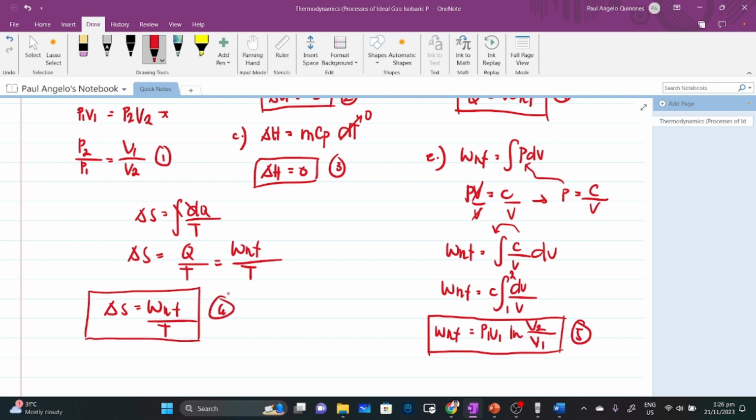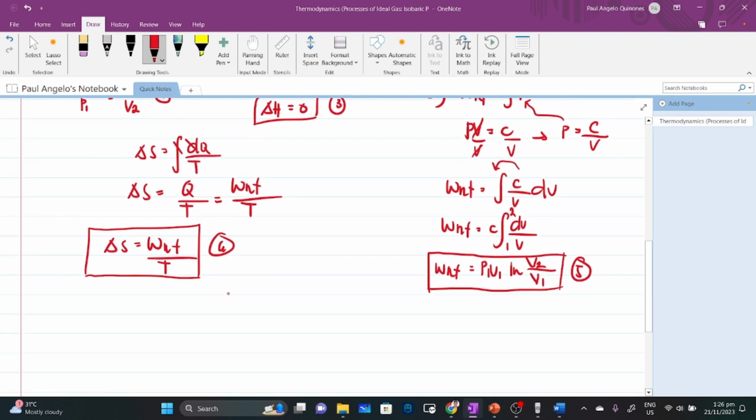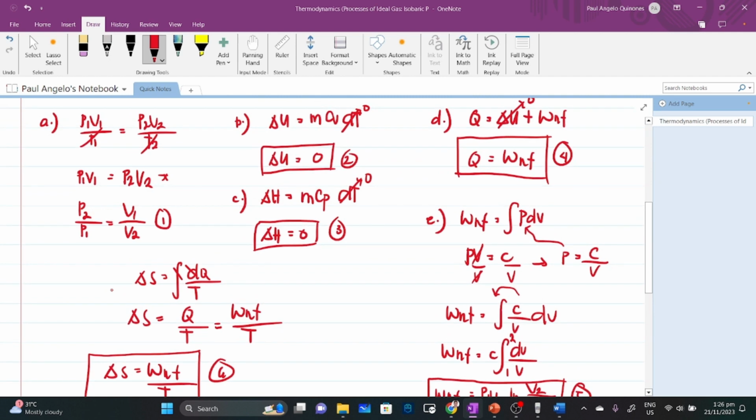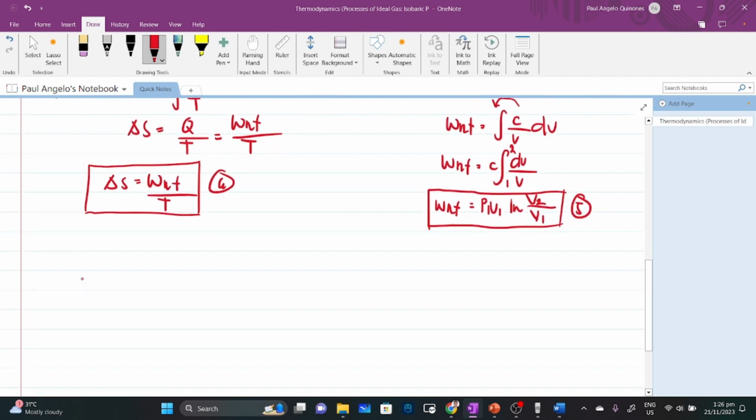What about the steady flow work? So this is E, this is F, so letter G. The steady flow work is given by the integral of negative V dP.